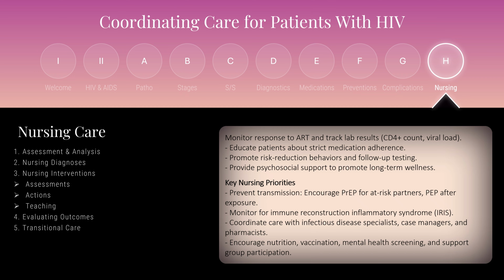Keep in mind a few more key points. Priorities are to prevent transmission, encourage PrEP for at-risk partners, PEP after exposure, and monitor for immune reconstitution inflammatory syndrome.